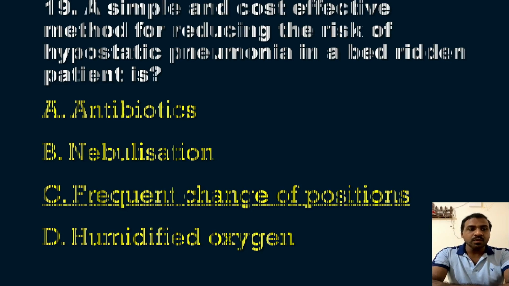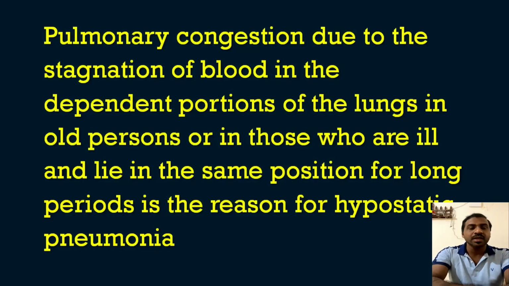Okay, so we will see how the frequent change of position will prevent the development of hypostatic pneumonia. Pulmonary congestion due to the stagnation of blood in the dependent portions of the lungs in older persons, or in those who are ill and lie in the same position for long periods, is the reason for hypostatic pneumonia.